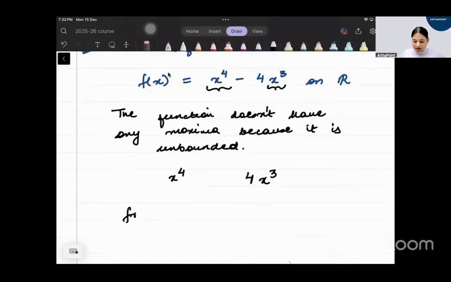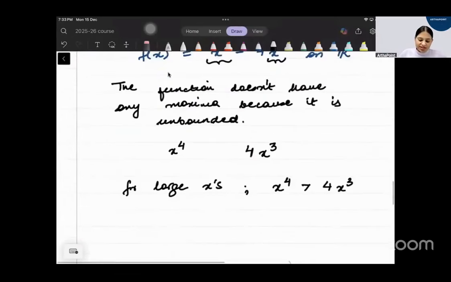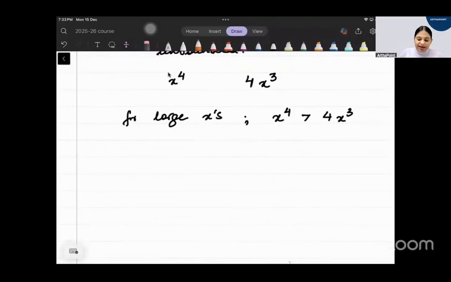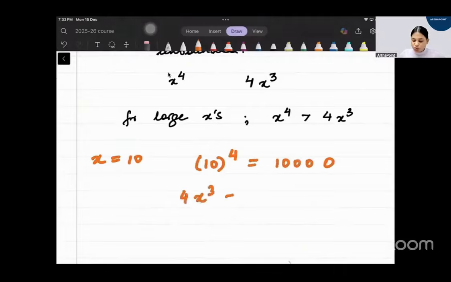So for large x's, जैसे जैसे हम x का ज्यादा ज्यादा वैल्यू लेंगे, clearly x to the power 4 will exceed 4x cube. माने just take an example. सपोज मेरा x जो है वो 10 है. Clearly 10 to the power 4 हो गया 10000 and 4x cube हो गया 4 into 10 to the power 3, 4 into 1000 माने 4000.